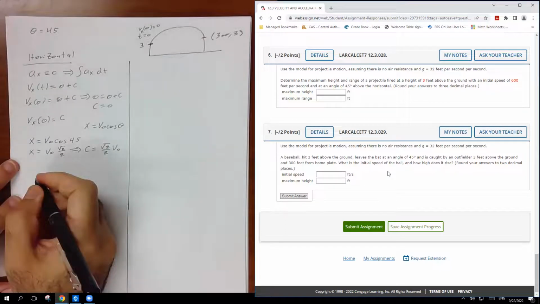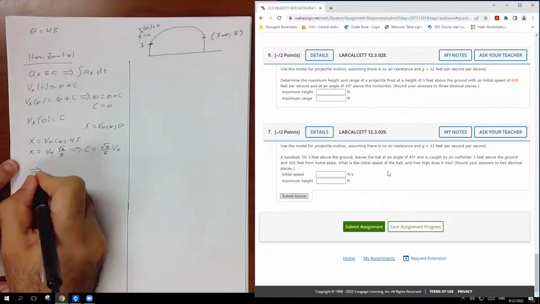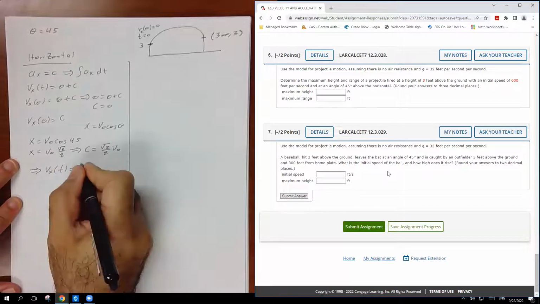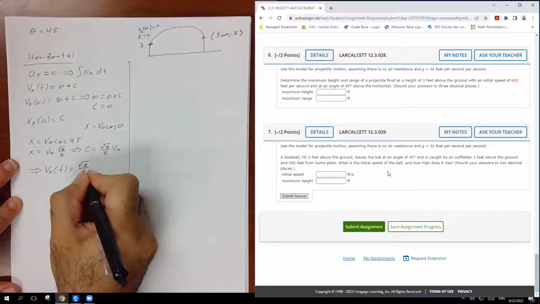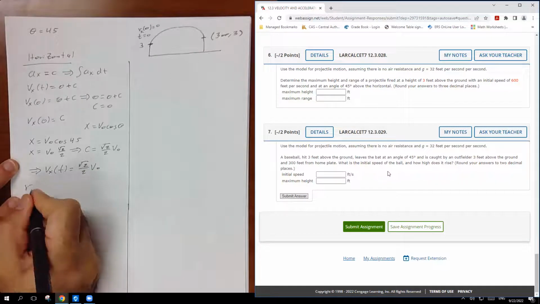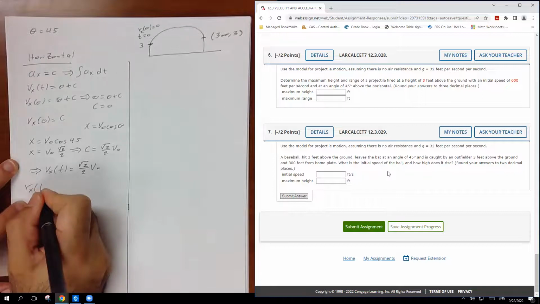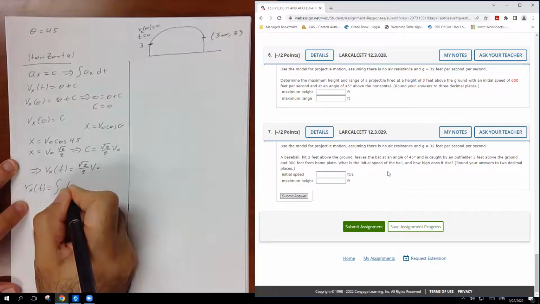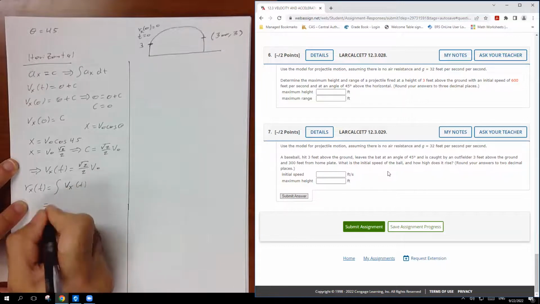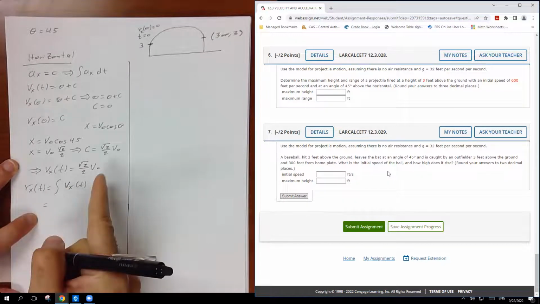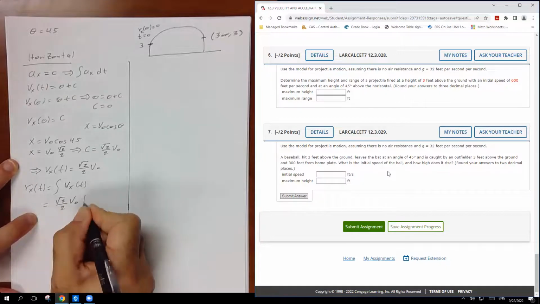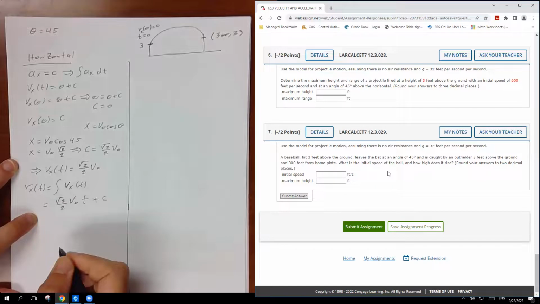So v sub x with respect to t is going to be just this c, which is square root of 2 divided by 2 and v naught. To find the position with respect to x, it is going to be the integral of v sub x dt, which is square root of 2 divided by 2 v naught t plus c.